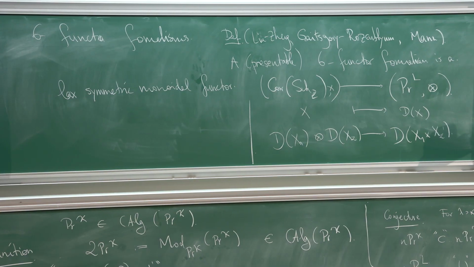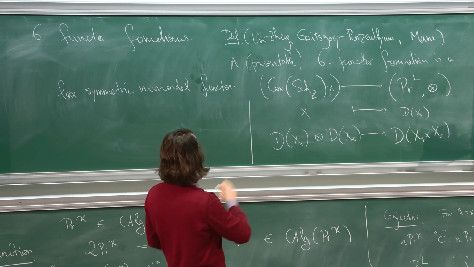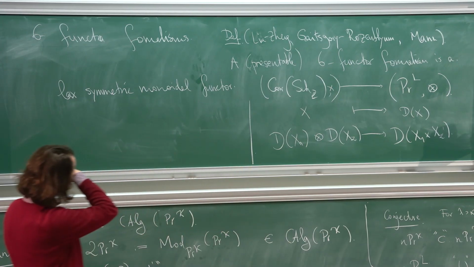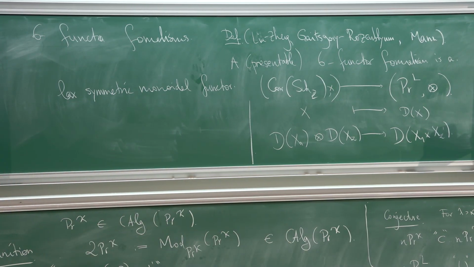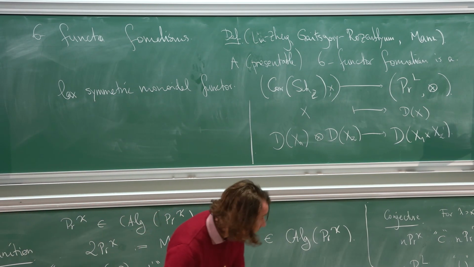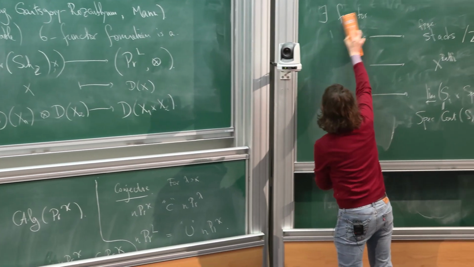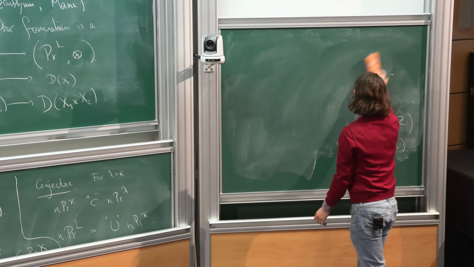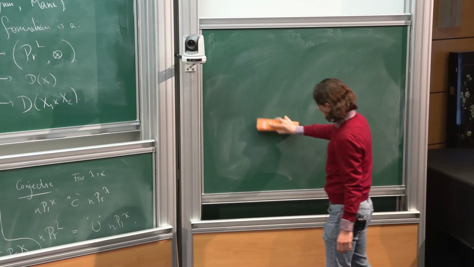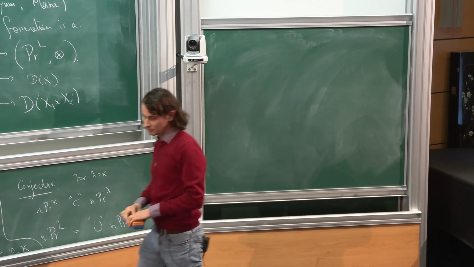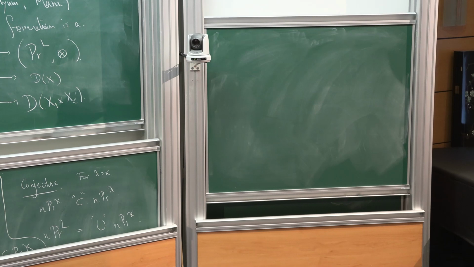But then even more recently, as I started to embrace infinity 2 categories, I realized that there's actually a better way to think about this using infinity 2. And that's the following. One thing I somehow didn't like about this definition is that it's just lax.